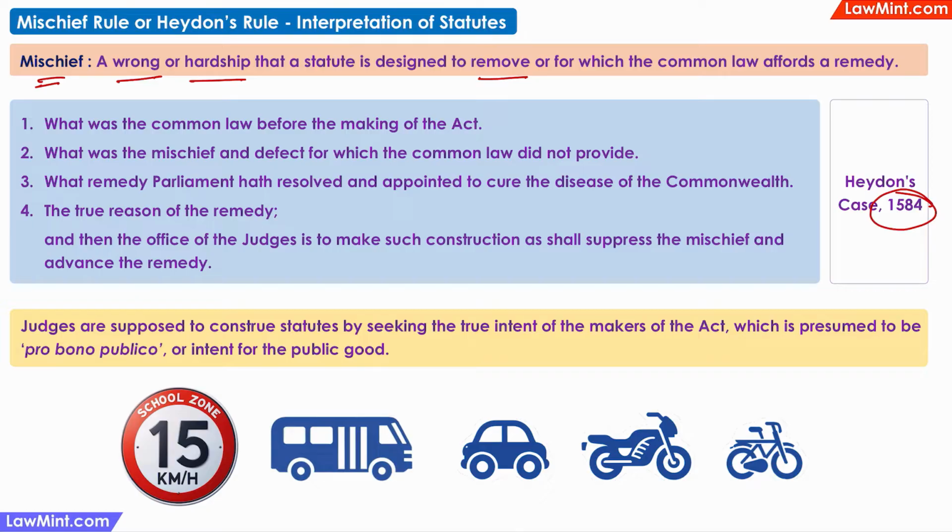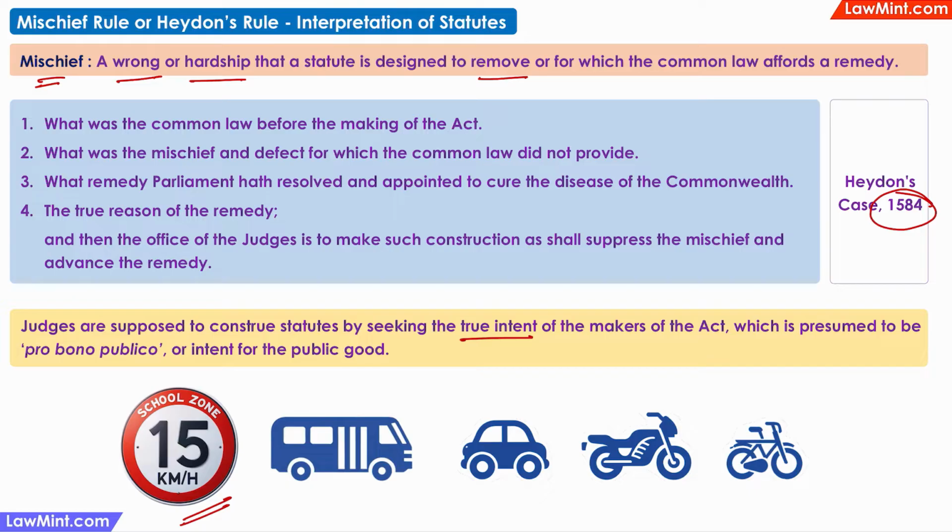When a judge is constructing or interpreting a statute, he should first try to understand the true intent with which the law was created. That is, what was the mischief that was sought to be addressed, and interpret the law to make it effective. For example, if the speed limit in a school zone is 15 km per hour, then the mischief that is being addressed is that vehicles moving too fast can cause danger to the children in the school zone.